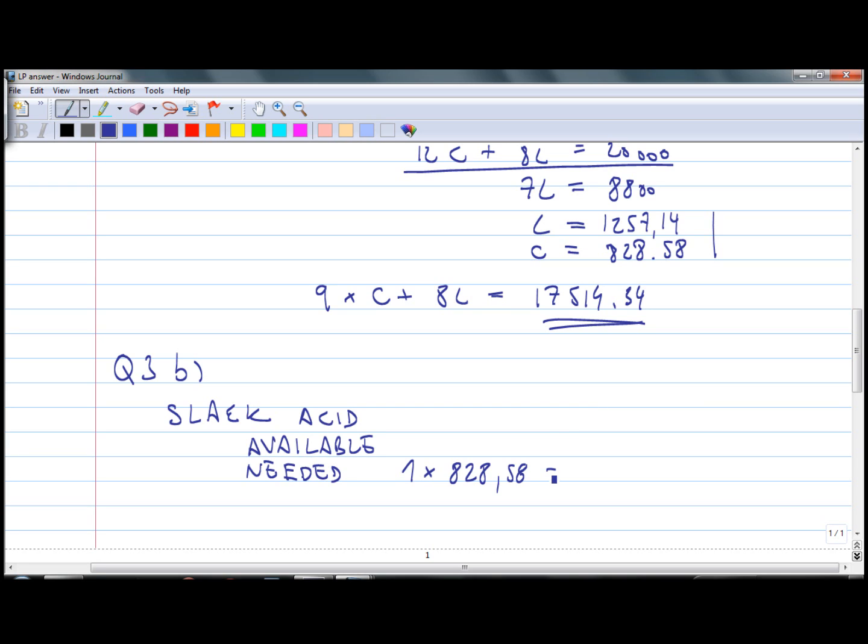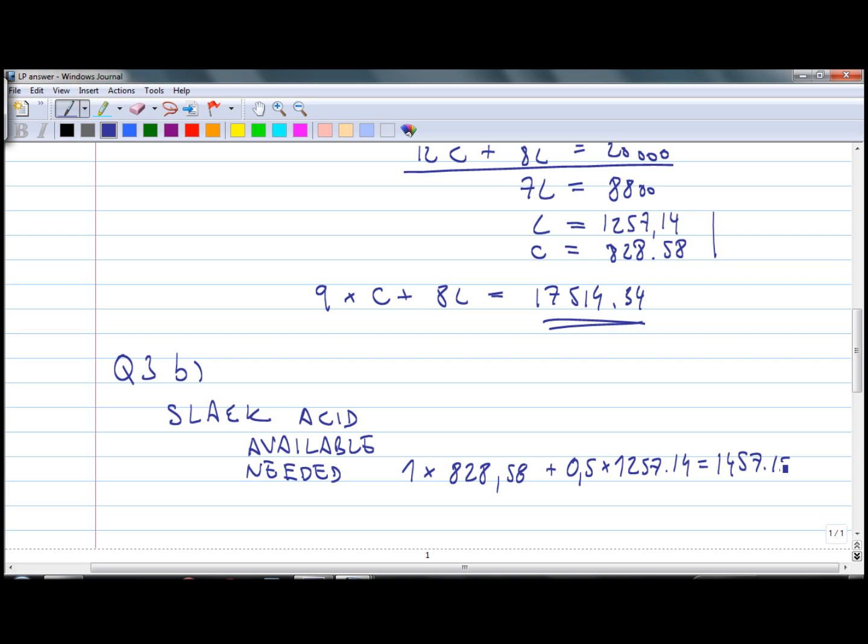And I need half a gram for each unit of L produced, which is 1257.14 units. Now multiplying these two, I get 1457.15, and I know how much is available.